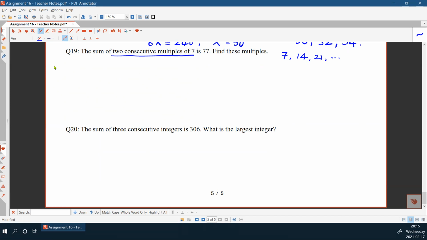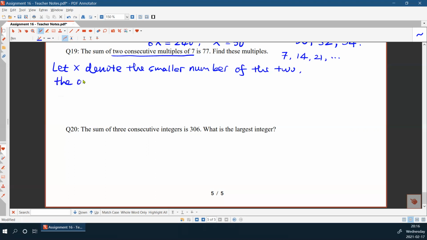So if we use a letter x to denote the smaller one of the two, the other one would be how many? Because there are two consecutive multiples of 7, so the next one would be x plus 7, right?